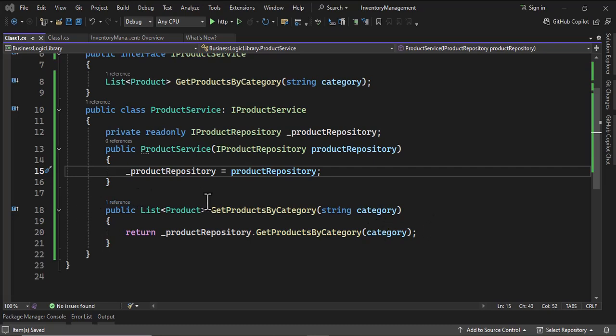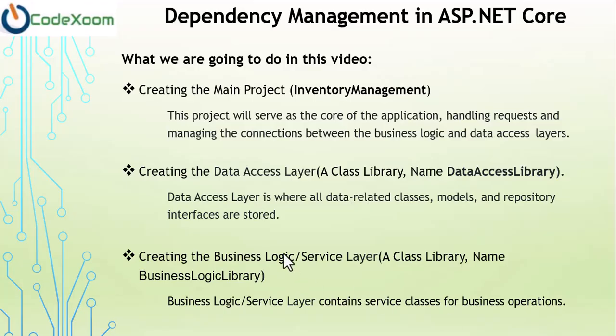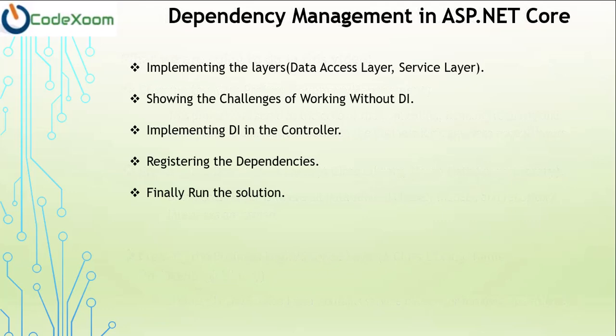Now we are going to show our next step. We created our main project, then the data access layer, then the business logic layer, and then we implemented these layers. In our next step, we are going to show you the challenges of working without dependency injection.